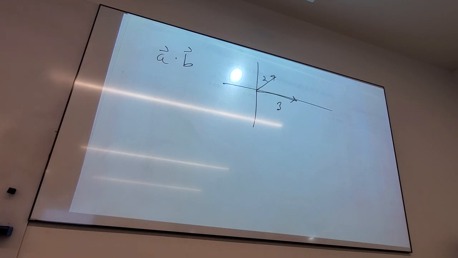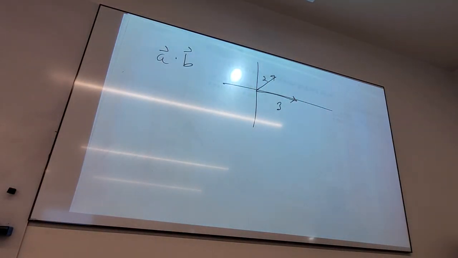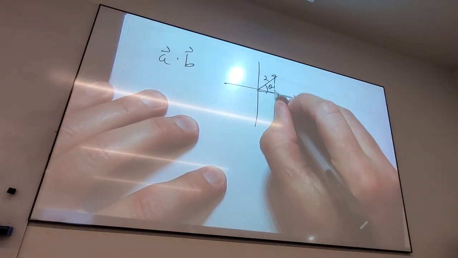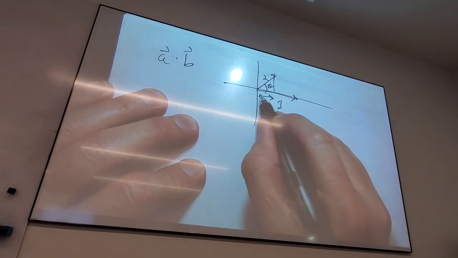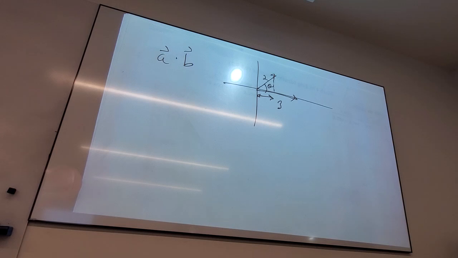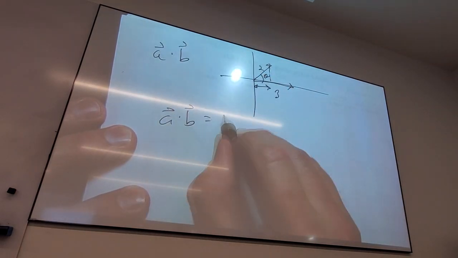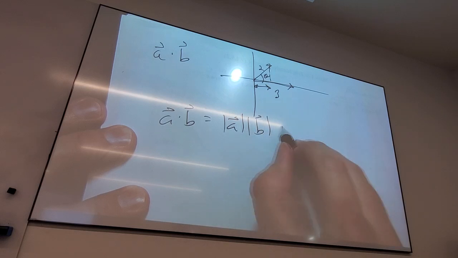So I want the shadow of 2 that lies in the direction of 3, and I would multiply that with 3, correct? And that's where we come up with the length of A, the length of B, cosine theta. Because what is the shadow of 2 along 3 if this is theta? 2 cosine theta, yes? So our dot product can be seen as that, with cosine.